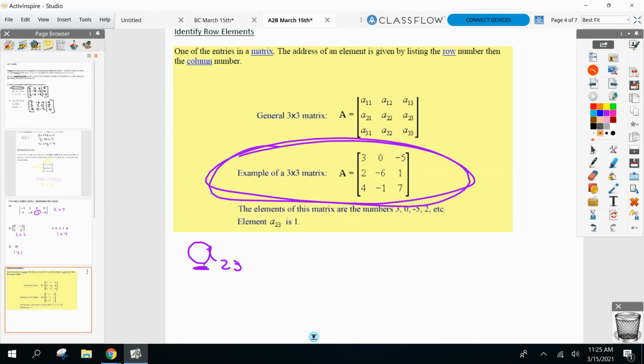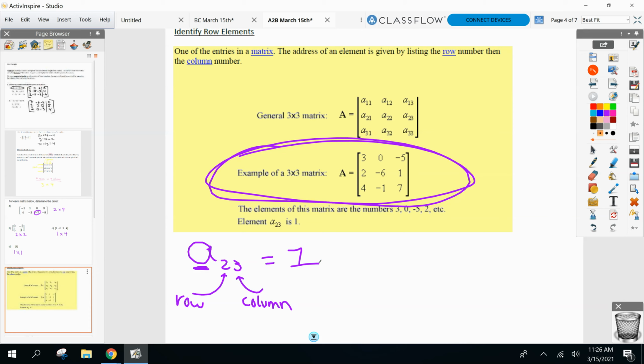Again, row, column. If you look at row 2, column 3, where do those two intersect? In matrix A, they intersect at number 1. Row first, column second. That's how I find a number's position in the matrix. Hopefully I'm not going over this too fast.